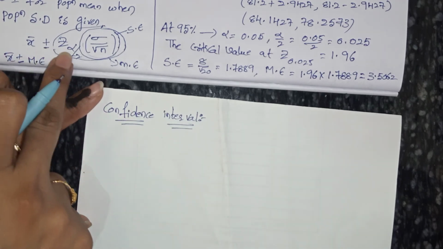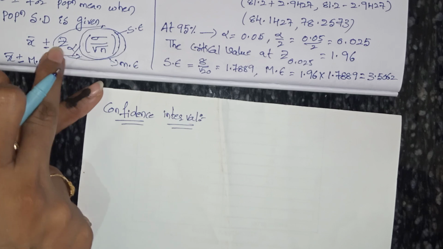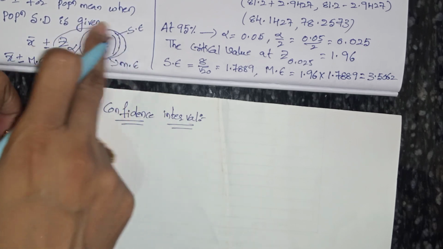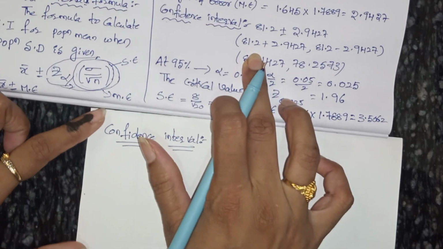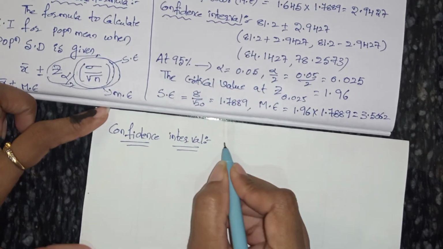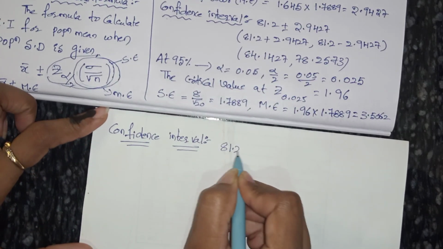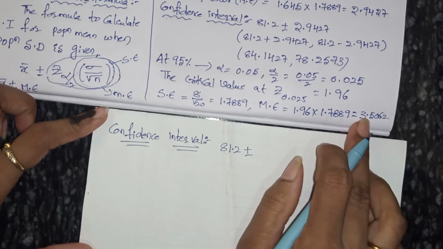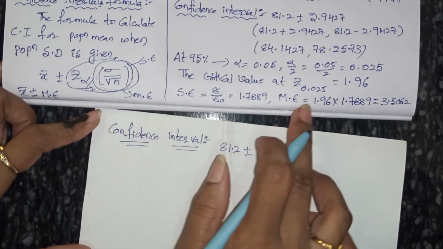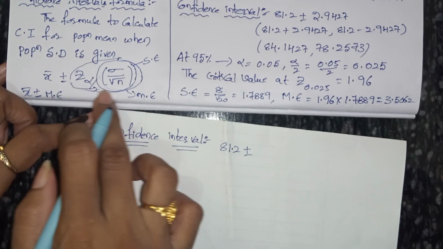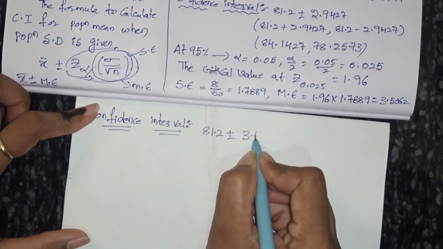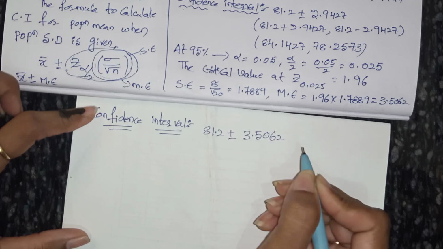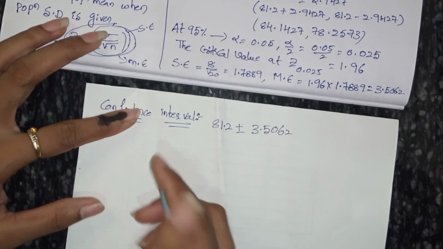X bar plus or minus Z alpha by 2, that means margin of error. We all know that X bar value is 81.2, isn't it? So 81.2 plus or minus, the margin of error value we got here is 3.5062.